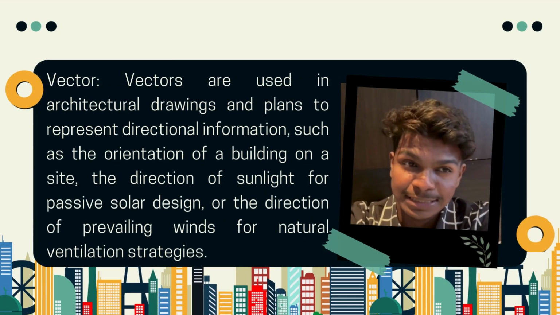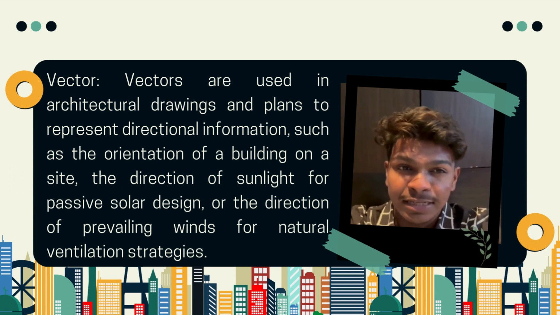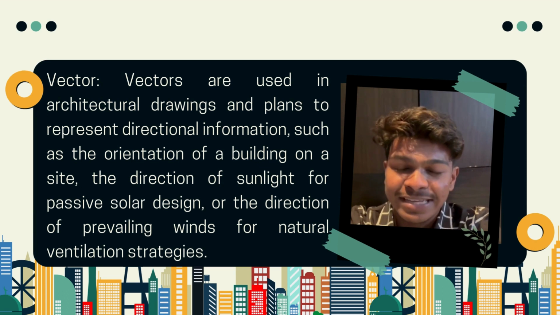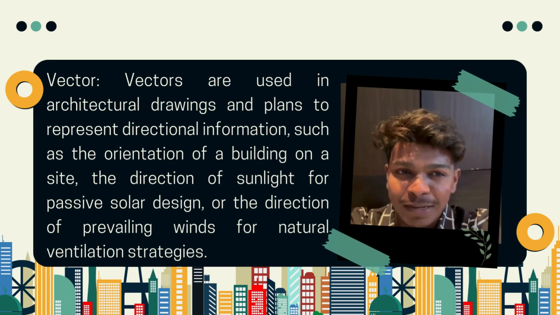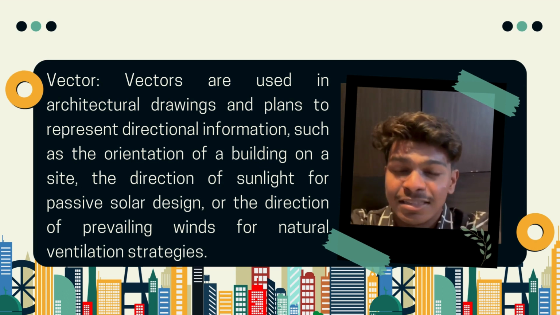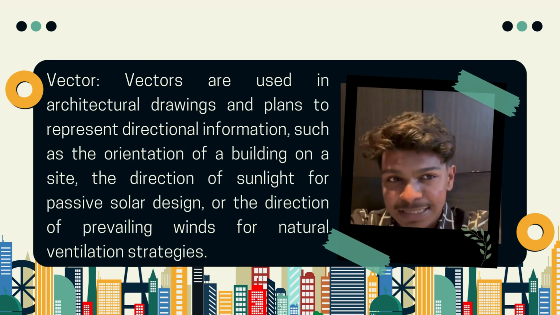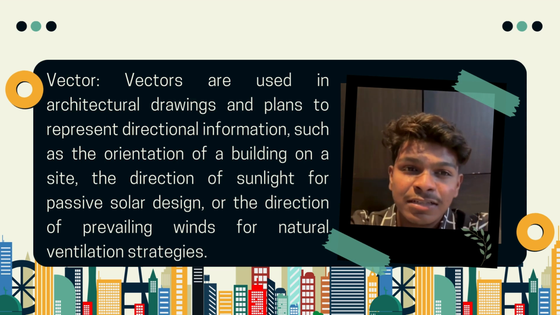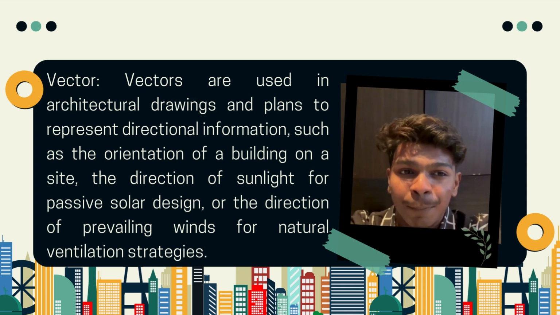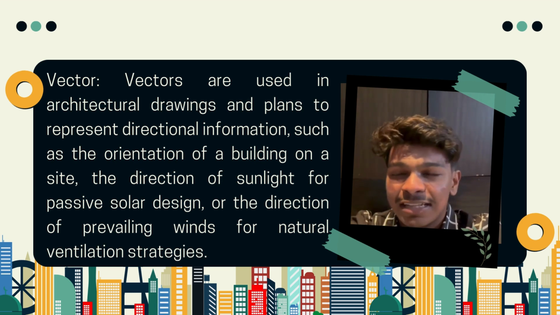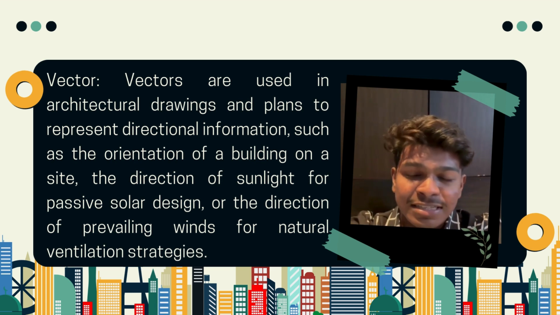Vector are used in architectural drawings and plans to represent directional information such as the orientation of a building on a site, the direction of sunlight for passive solar design, or the direction of prevailing winds for natural ventilation strategies.